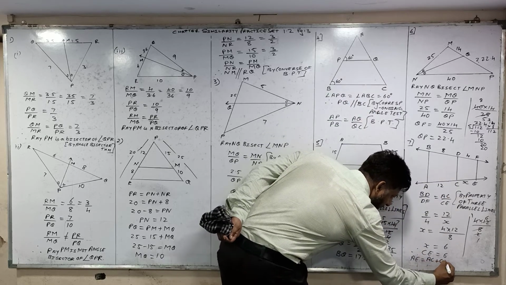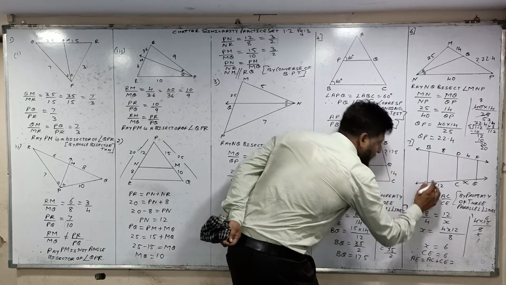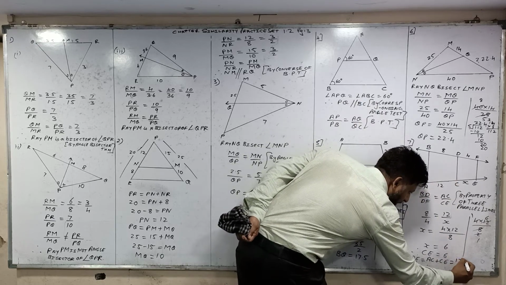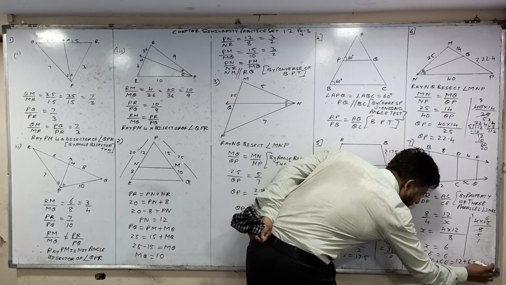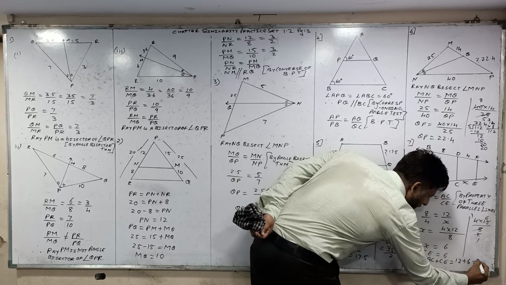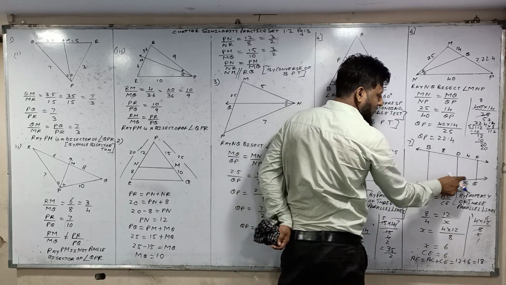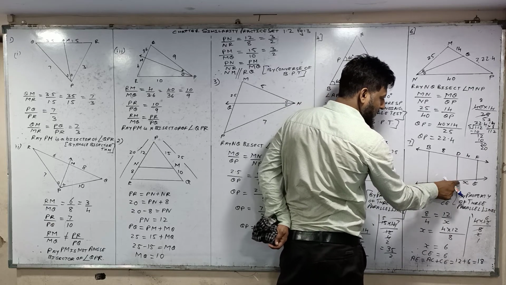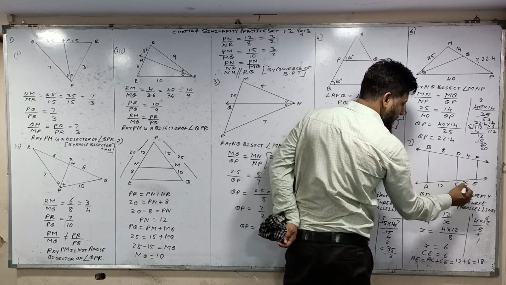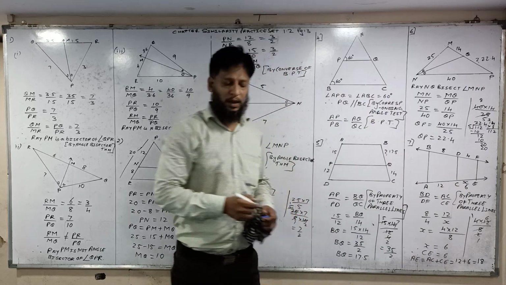AC is 12 and CE is 6, so the total value is 18. So AE is equal to AC plus CE, which is 12 plus 6, so AE is equal to 18.